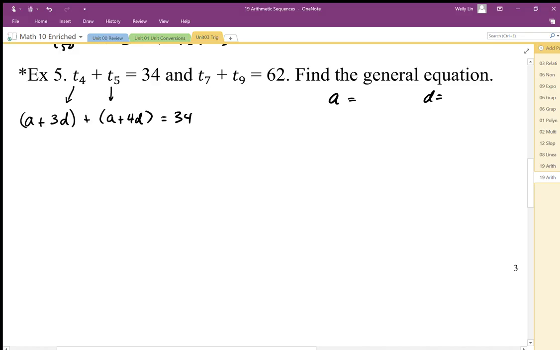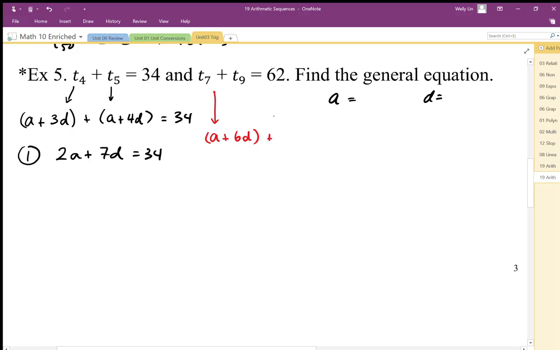And I have an equation with 2 variables. Well, if I have an equation with 2 variables, I can probably solve this. So I'm just going to label this as equation 1, and I have 2a plus 7d equals 34. And I can come up with a second equation here. I can say that if I start at a, from 1 to 7 there's 6 steps, and each step is d.